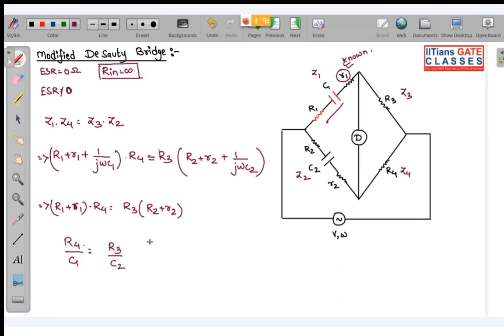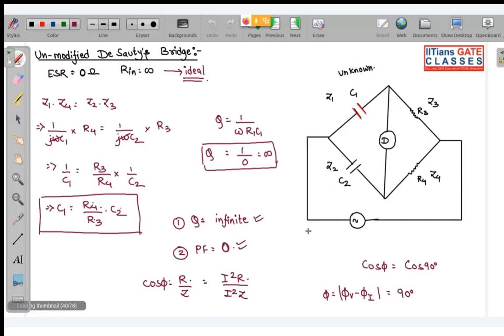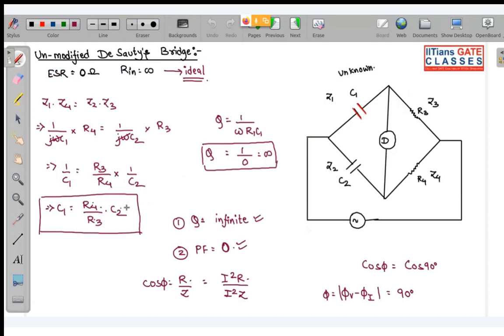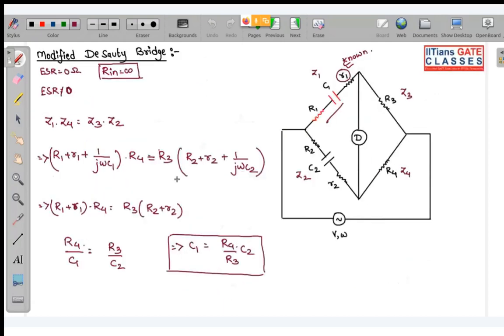Okay, so C1 is equal to R4 by R3 into C2. See, once again we are getting the last equation only. There is no change. But what about R1? So R1 is equal to R3 into R2 plus small r2, by R4, minus small r1.